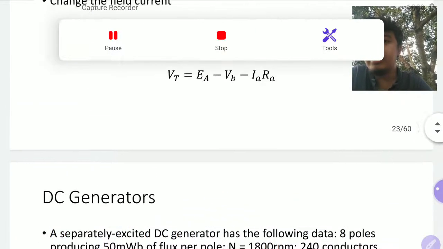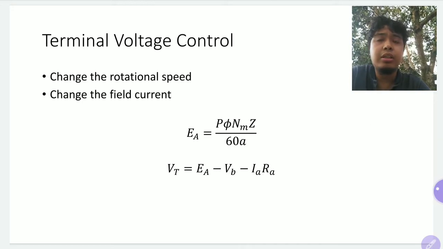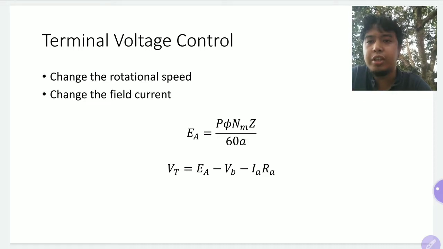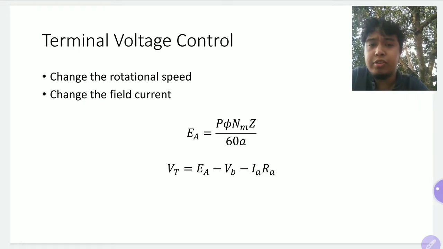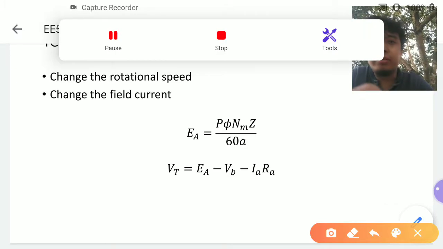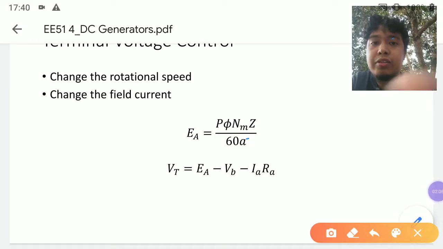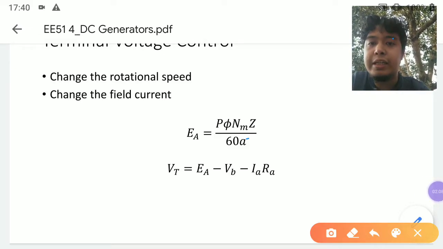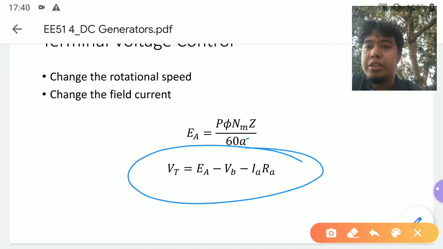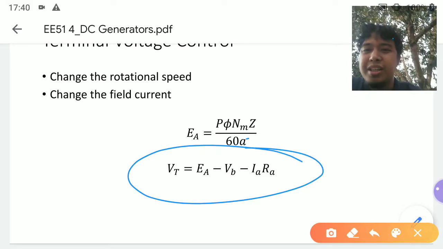The thing here is that you can actually control the terminal voltage, because your terminal voltage is a function of your induced voltage at the armature. As I was saying, the voltage at the terminal is a function of your armature voltage.